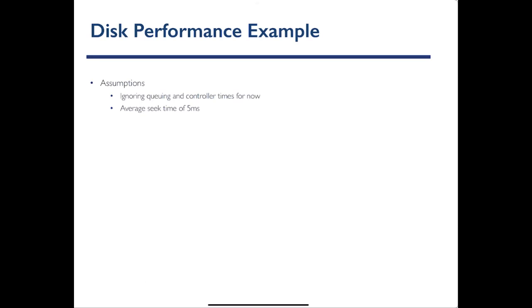On average, the seek time is basically half of the width of your disk. Sometimes you go from inner to outer, sometimes you're just moving between neighbors, so on average you're probably moving half of this distance. So let's assume there is an average seek time, and it's given to us as 5 milliseconds.